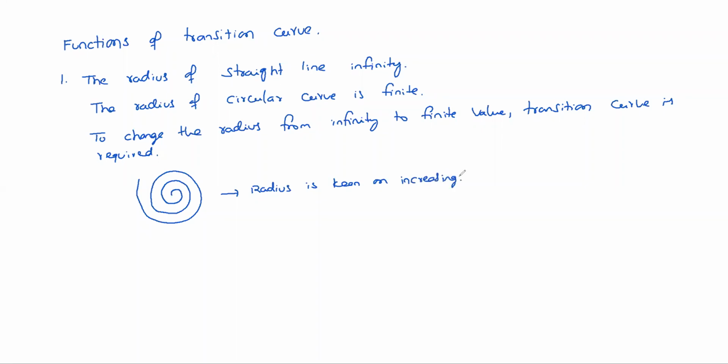In spiral, radius increases from inside to outside. So in our case, if you take a part of the spiral, what happens?